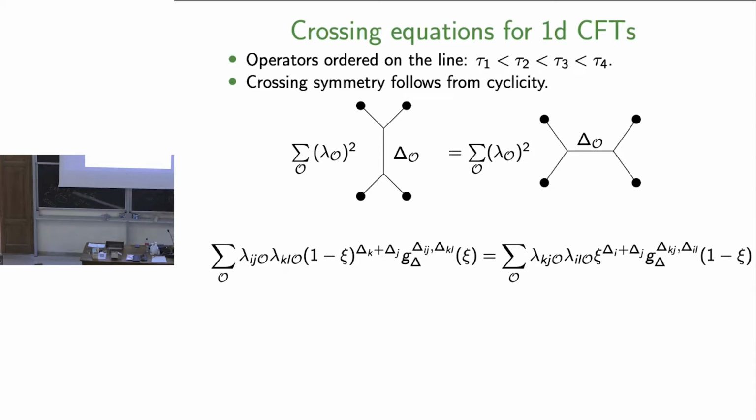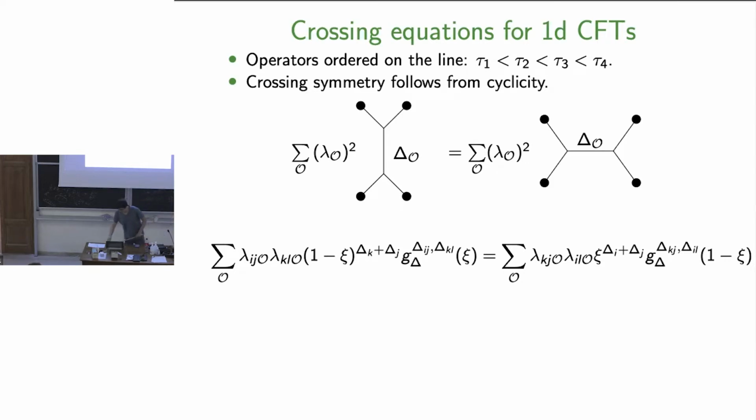You can write the famous crossing equation that you obtain by taking the OPE pairwise. One main difference with the standard crossing in higher dimensions is that in 1 dimension there is less space, fewer coordinates. So there is only one cross ratio. Instead of the usual u and v cross ratios that you see when you write crossing symmetry, in 1 dimension you only have one cross ratio.